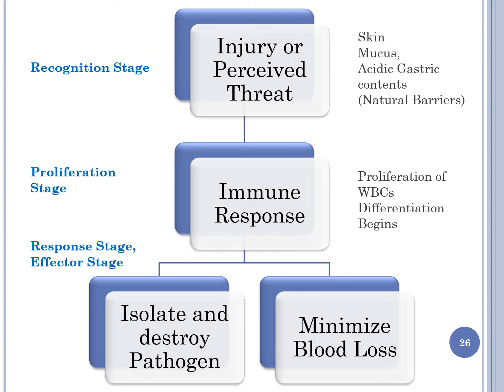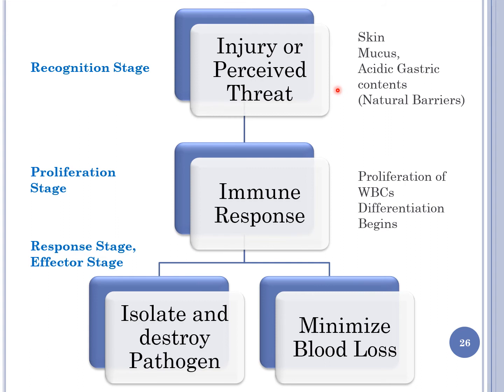All right, so in terms of the phases of the immune response that can happen in your body. There's some type of injury or perceived threat. Then there's a recognition stage, a proliferation stage, and a response stage, or effector stage. So injury or perceived threat, it doesn't matter what it is. Something happens to your natural barriers, right? Skin, mucus, acidic gastric contents, whatever.